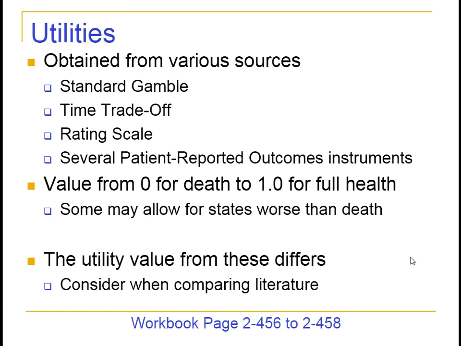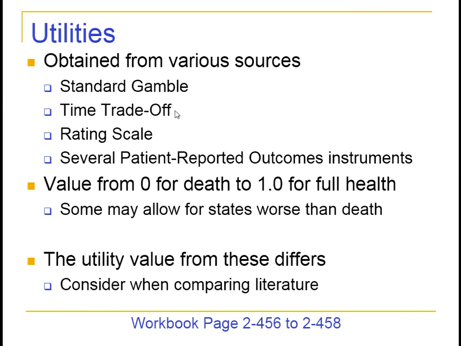Utilities are a very complicated concept, and they're obtained from various sources. The standard is the standard gamble, which is that decision tree where you're taking a chance of immediate death to get full health.